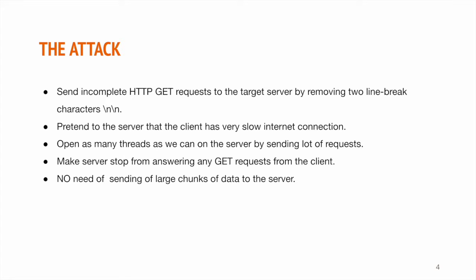I do this by removing the end information, the two line break characters, \r\n, at the end of the message. The server expects these from the client so that it can confirm the message has been completed and respond to that HTTP request.